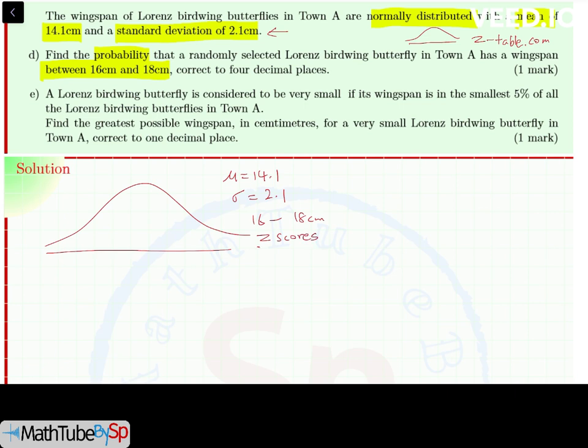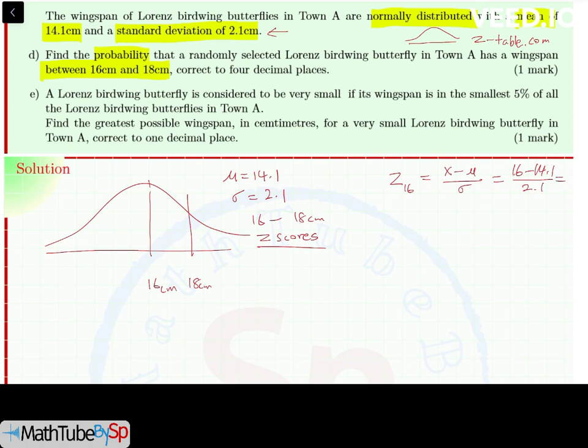When we convert them to Z scores, that will tell us the probabilities under the curve for the Z scores of 16 to 18 centimeters. So we have to find the Z score for 16. Let's use the formula first: x minus mean divided by standard deviation. My x is 16, and the mean is 14.1, divided by 2.1.